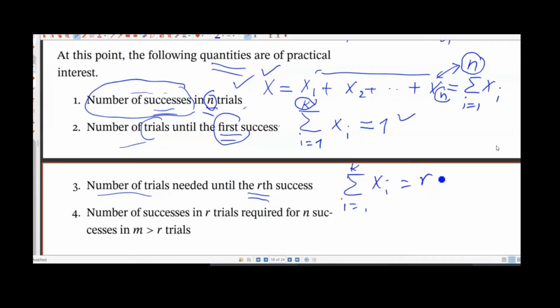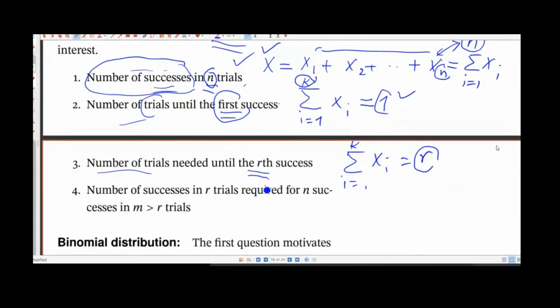So I am specifying the right hand side and I'm asking how many terms do I need. इस तरह linear algebra में आप सॉल्व करते हैं ना चीजों को. ये जरा मुश्किल क्वेश्चन है. Number of successes in r trials. So it looks like that first question. वहां पे n है, यहाँ पे r है. And I want to put a condition required for n successes in a larger number of trials.